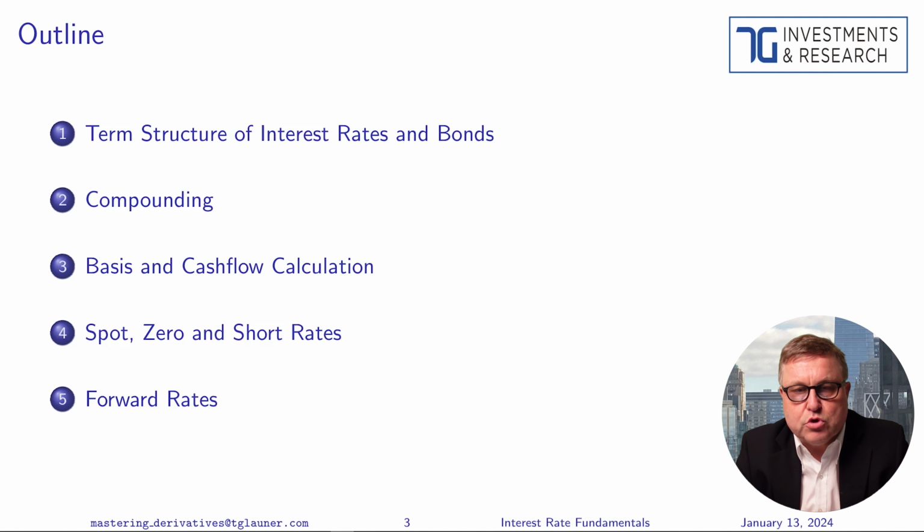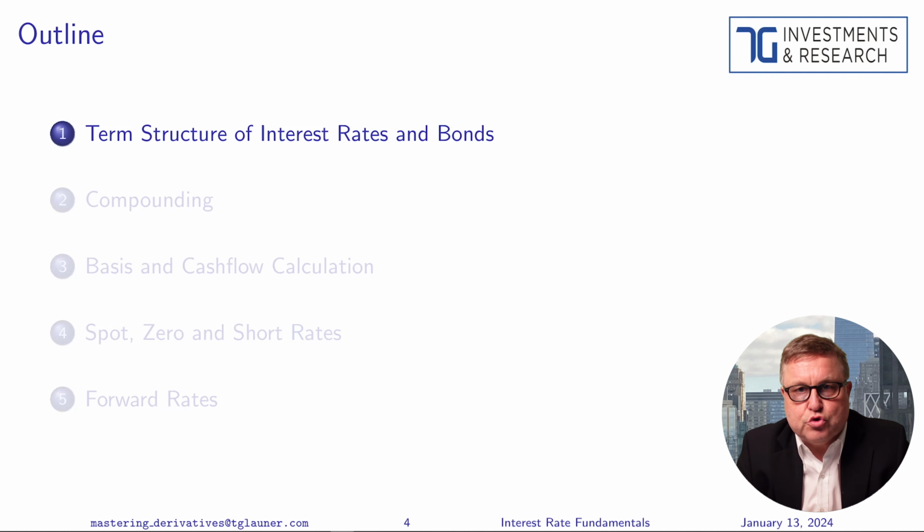We will then explore spot rates, including different measures such as zero rates, short rates, annual rates, etc. Finally, we will conclude the lecture with an explanation of forward rates and their significance.